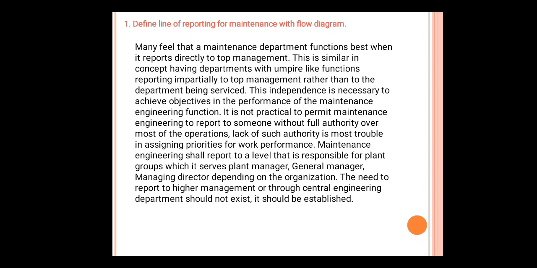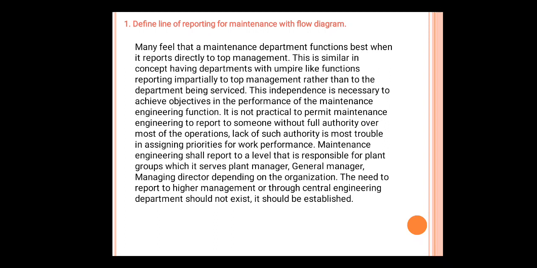It is not practical to permit maintenance engineering to report to someone without full authority over most of the operations. Lack of such authority causes the most trouble in assigning priorities for work performance.